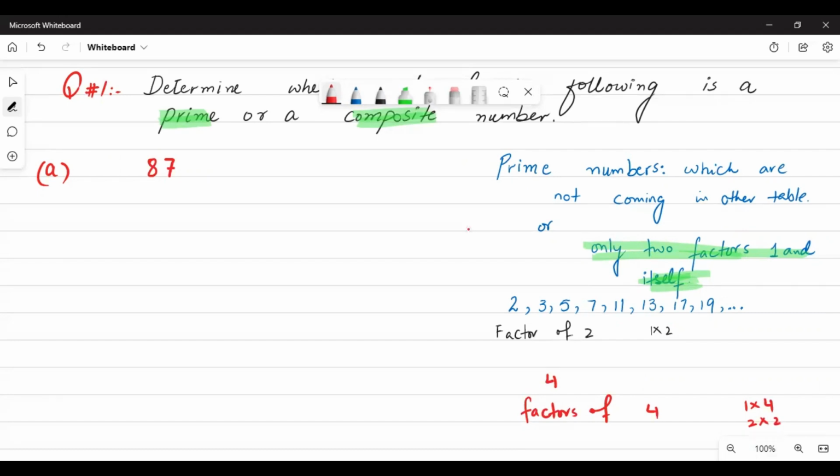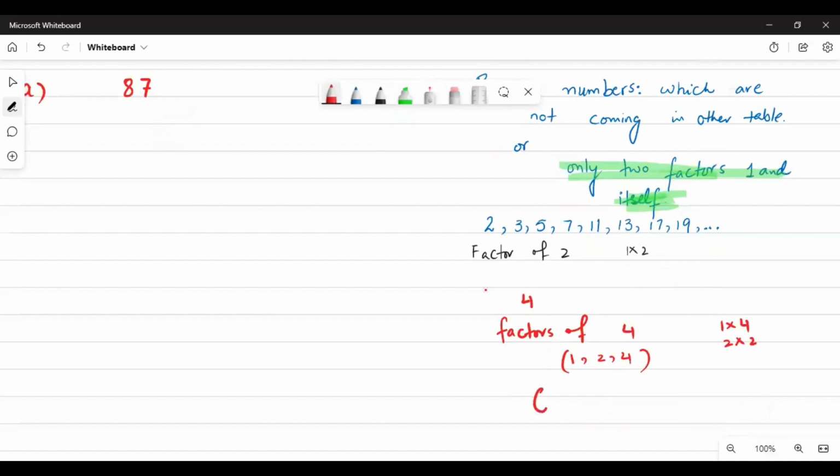So 4 can be divisible by itself and it can be divisible by 2 also. It has more than 2 factors: 1, 2, and 4. When any number has more than 2 factors, that number is called a composite number.